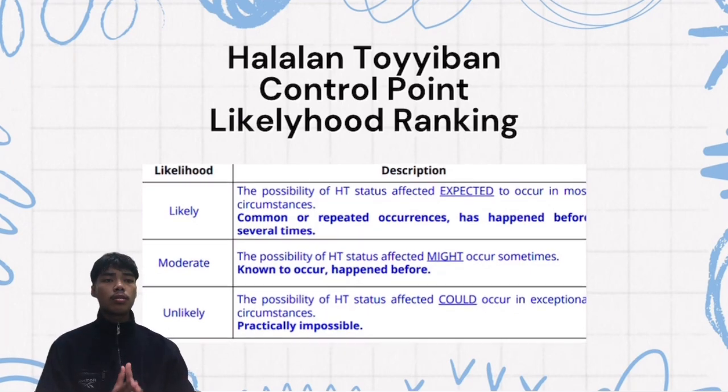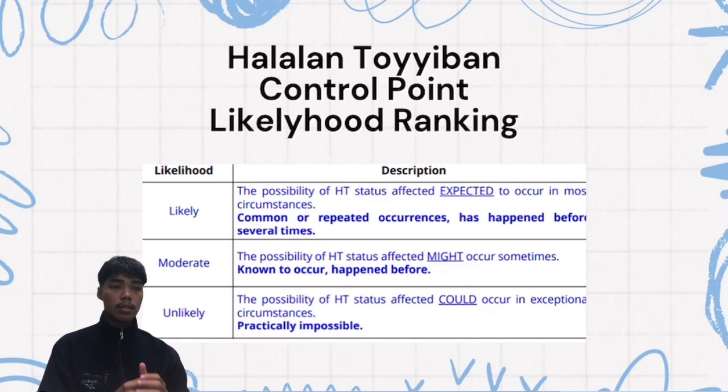Okay, this is the halal Thayyiban control point likelihood ranking. First one is likely. The possibility of halal Thayyiban status being affected is expected to occur in most circumstances. Common or repeated occurrence has happened before several times, which can affect the halal status of the product.